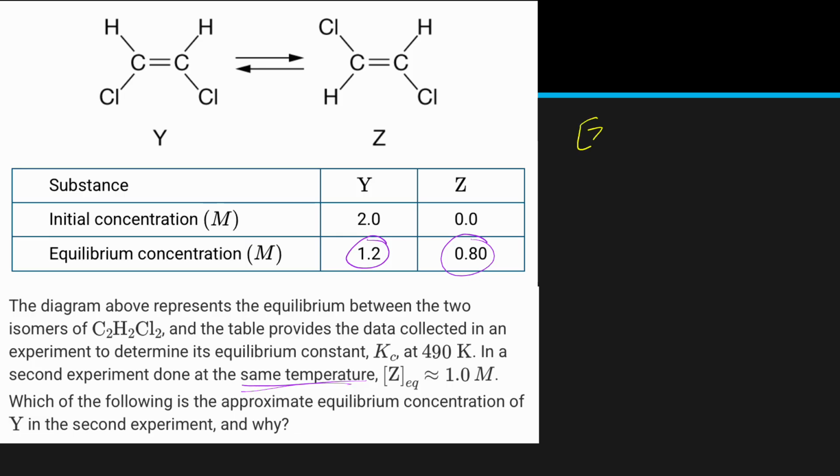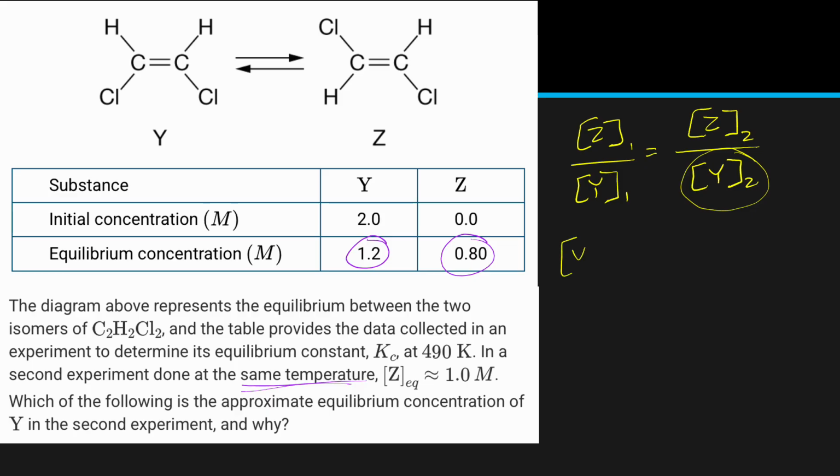So the concentration of Z at trial 1 over the concentration of Y at trial 1 is going to be equal to the concentration of Z at trial 2 over the concentration of Y in trial 2. So we are solving for the concentration of Y in the second experiment.